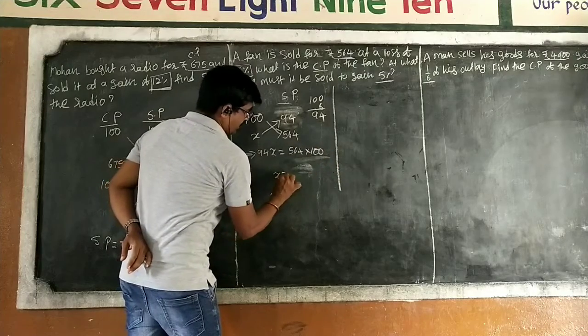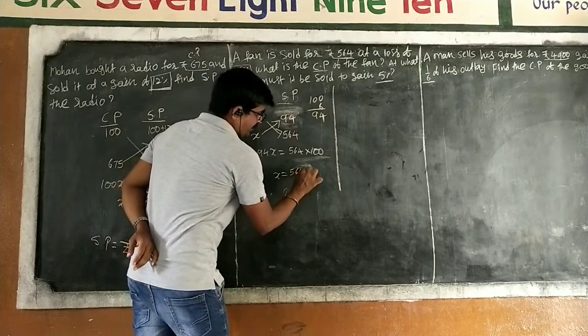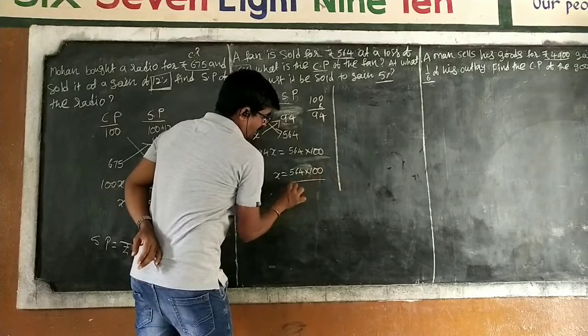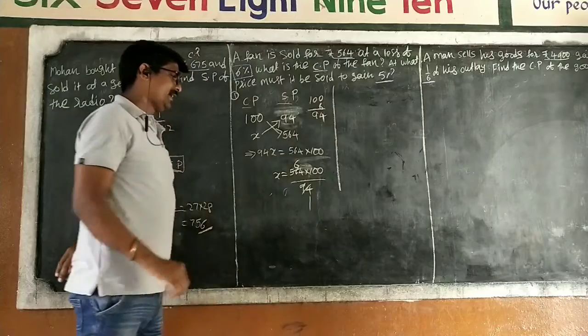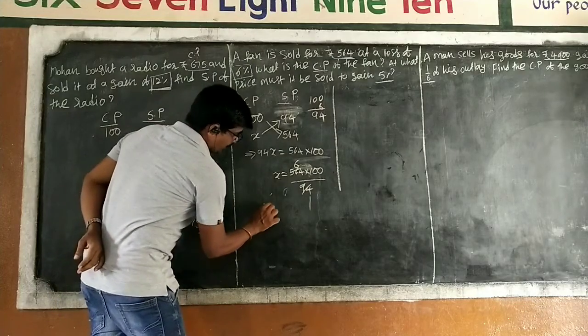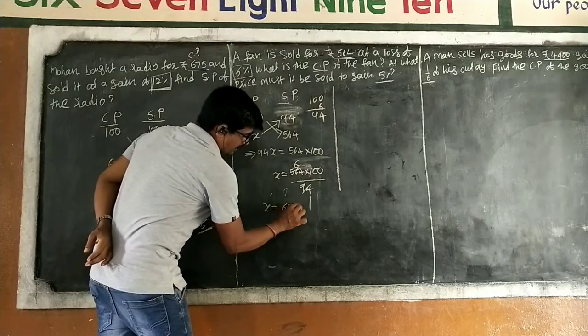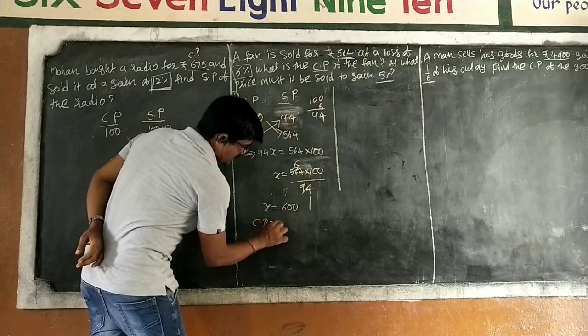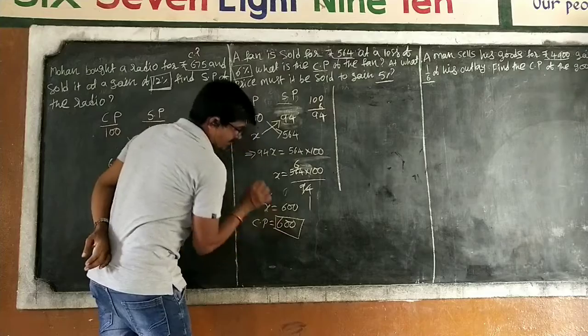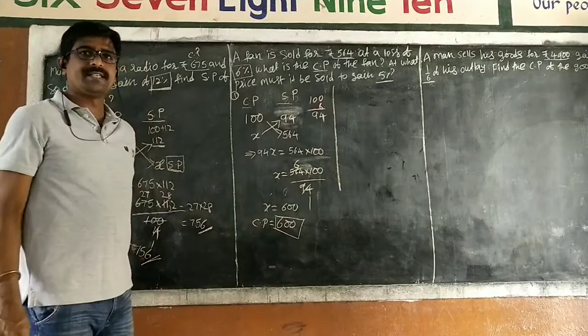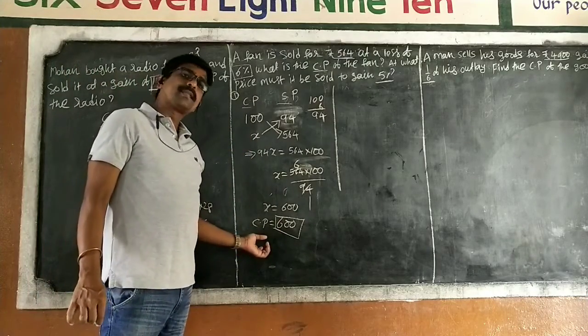X is equal to 564 into 100 by 94. 94 1s are 94, 94 6s are 564. X is equal to 600. The cost price is 600 rupees.